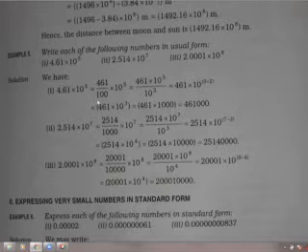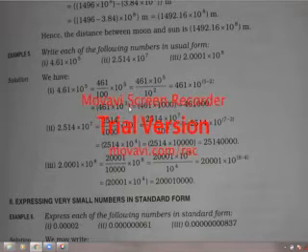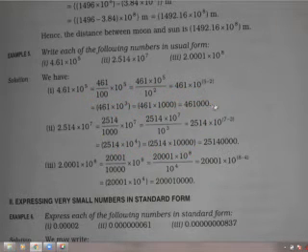Because for the point there is 1, and after the point there are 2 numbers, so 20, meaning 10 to the power 2. 10 to the power 5 divided by 10 to the power 2, it will be subtracted, it will become 10 to the power 3. That means 461 into 1000, so it becomes 461,000.